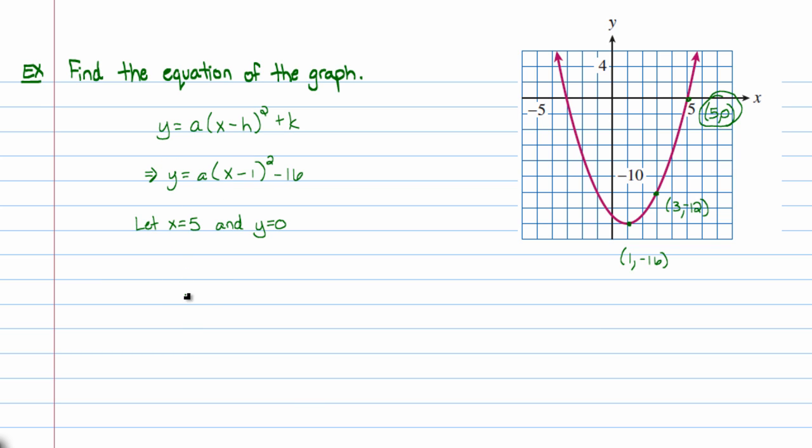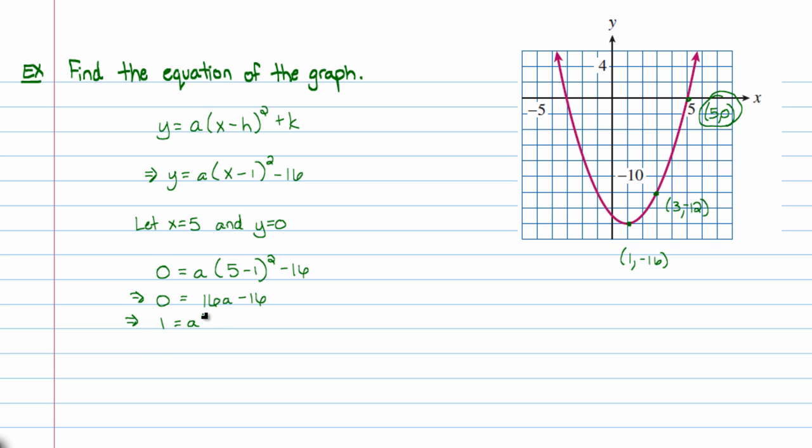So if y is 0 and x is 5, I get the following equation. 0 is equal to a times the quantity 5 minus 1 squared minus 16. That's 4 squared. So we get 16a minus 16 is equal to 0. Add 16 to both sides and divide by 16. You'll get that a is equal to 1.